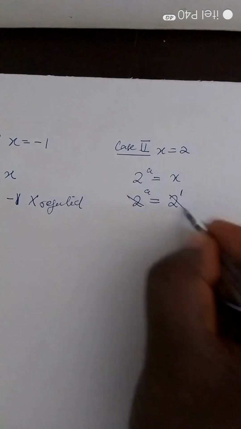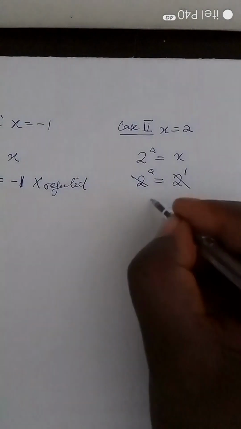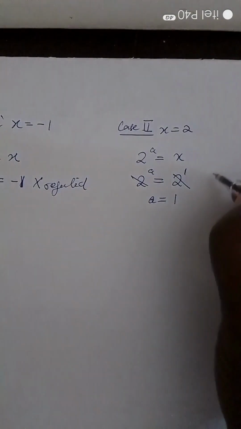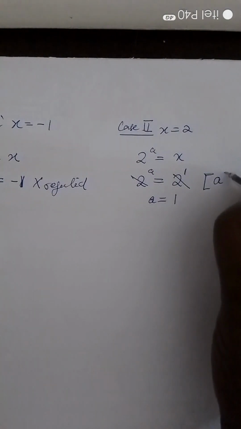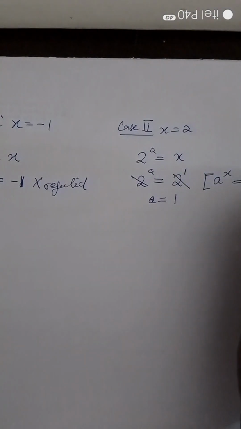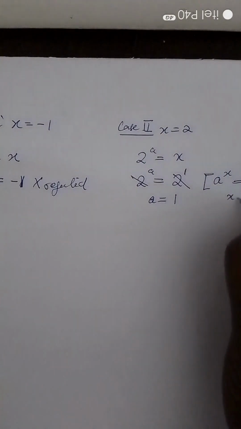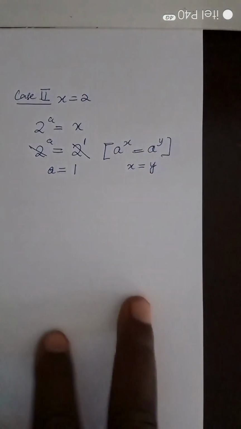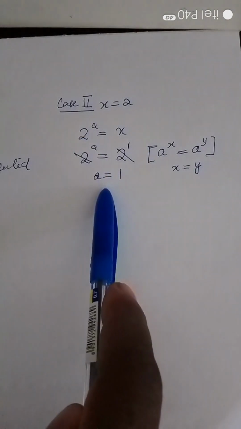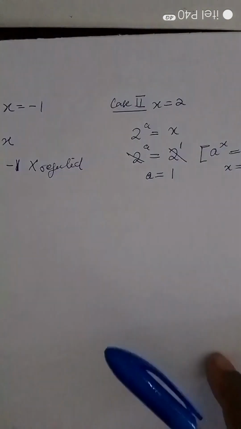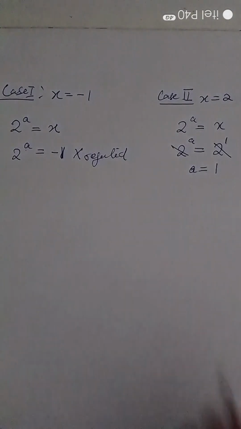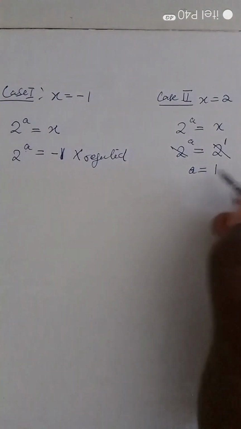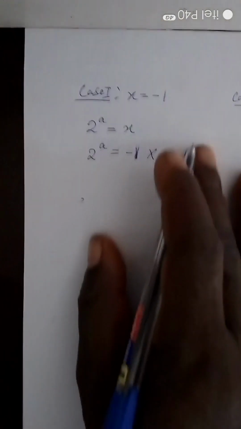Both sides have the same base, therefore the powers will be equal, because if a to the power of x equals a to the power of y, then x equals y. Therefore, our value of a to satisfy that rational exponential equation will be equal to 1.